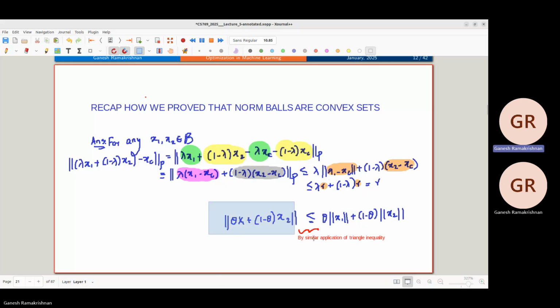In fact, our proof is simpler here, since we don't have an xc. We just have to show that the norm of theta x1 plus 1 minus theta x2, with xc set to 0, is less than or equal to theta norm of x1 plus 1 minus theta norm of x2. You don't have to apply the R. Basically, just delete this part of the proof and you are pretty much there.